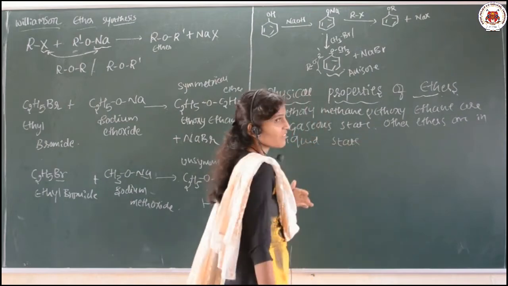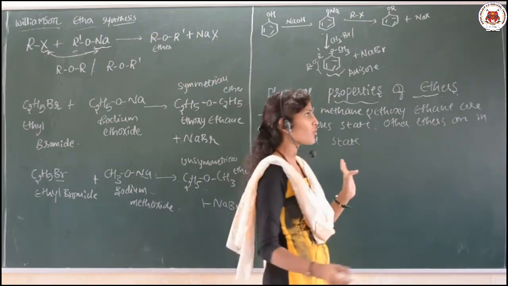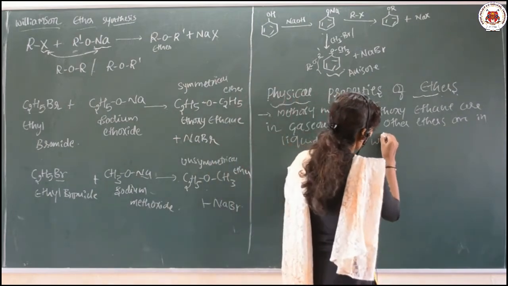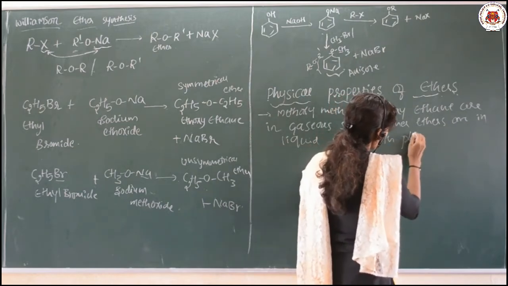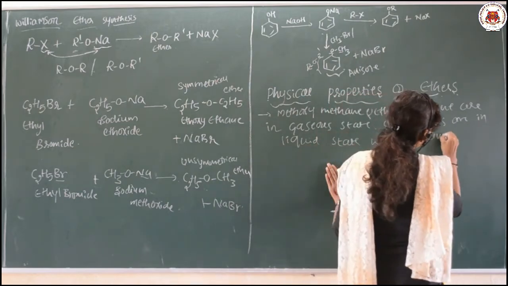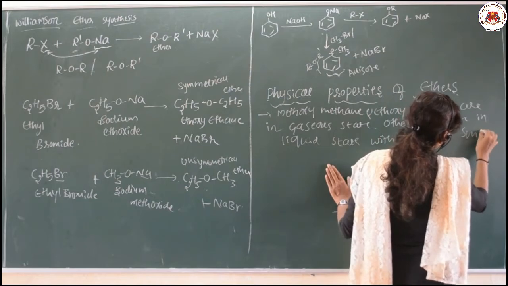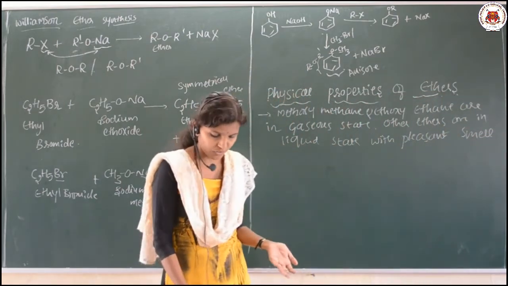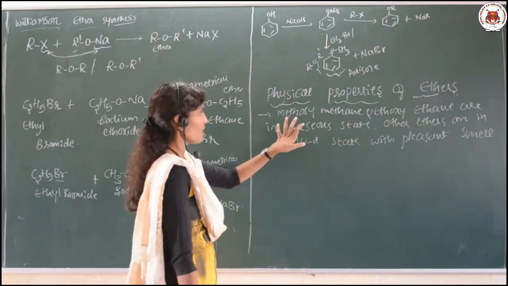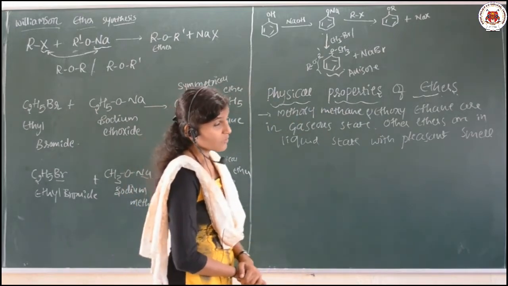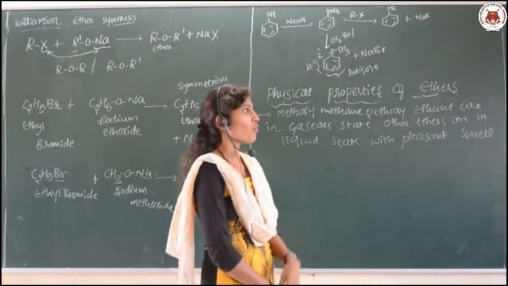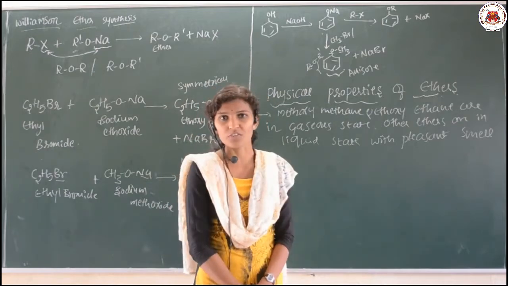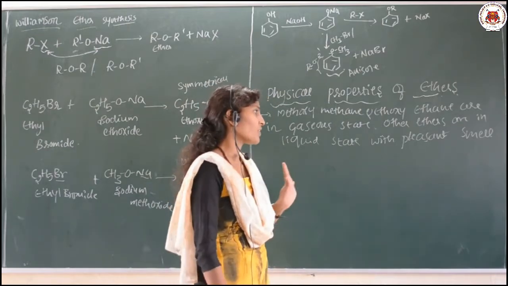with pleasant smell. It means it is a somewhat good smell, pleasant. So this is the first point, that is methoxymethane and ethoxyethane are gaseous in state, while others are in the liquid state, which are having the pleasant smell.